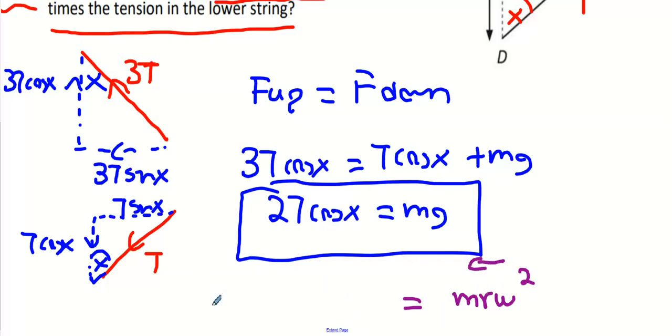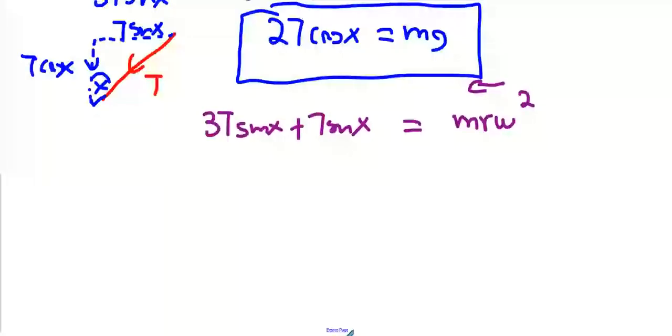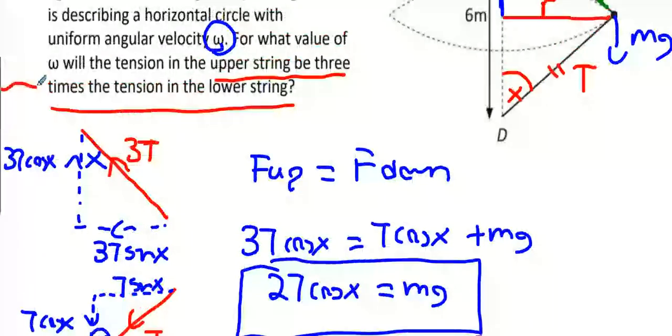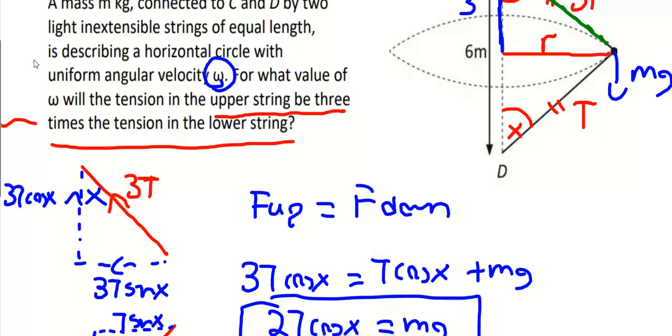The force going to the left, which is 3T sin x plus T sin x. Oh, now what's that? Okay, reread the question. What does it want from me? For what value of omega will the upper string be 3 times the lower string?